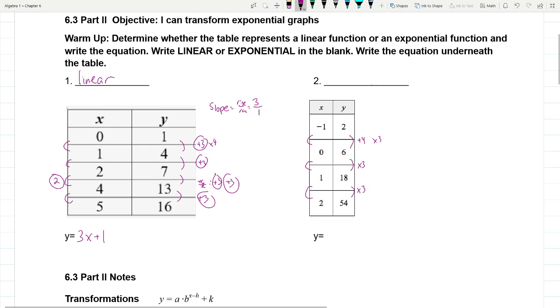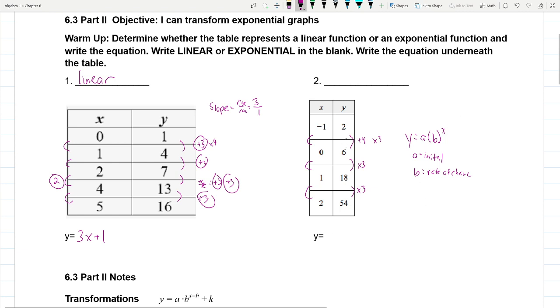Now, where this might still need a little review for you is that this is the general form, a b to the x, where a is our initial, b is our rate of change, and x is just our x.